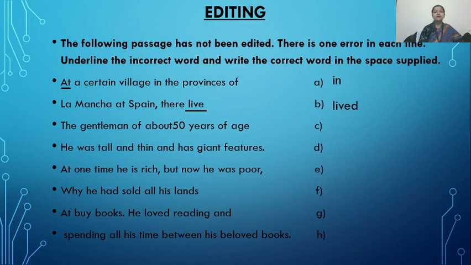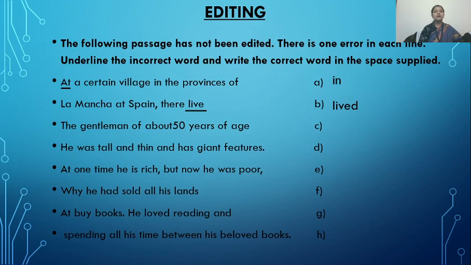Now look at the third sentence. The gentleman of about 50 years of age. Now children, the gentleman that has been described here, has he been mentioned in the previous lines? No. This is the first time this gentleman's reference is given.